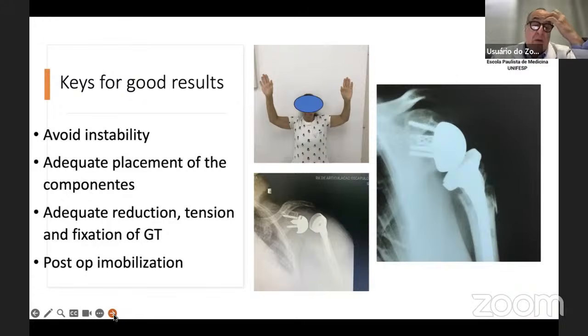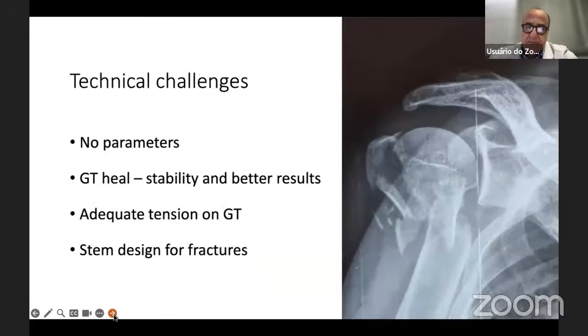But you all know that something is questionable about this topic. But when you have a great tuberosity in good quality, it gives a better outcome for this patient, mainly in the reverse shoulder arthroplasty. And you have to think about the postoperative mobilization. That is something important to heal the tuberosities around the prosthesis.